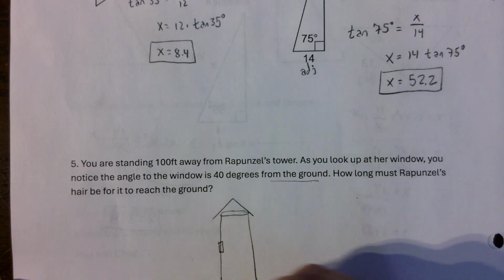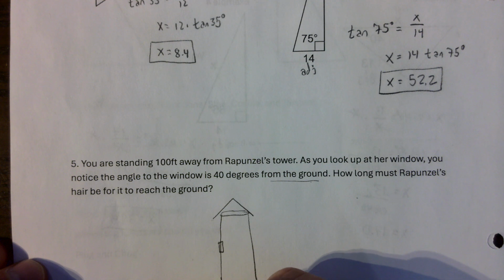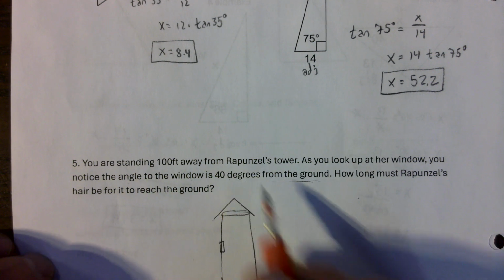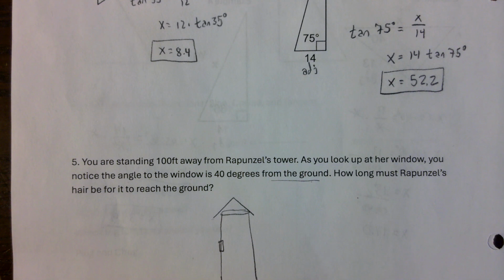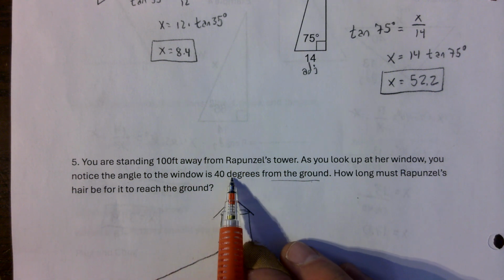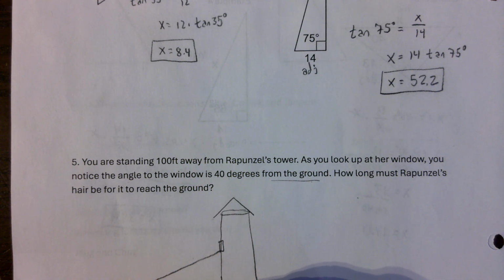Okay, and this distance right here is 100 feet, because it says you're 100 feet away from Rapunzel's tower. As you look up at her window, I'm going to go ahead and draw an angle here, and notice I didn't go from your eyes, but I went from the feet, because it says that the angle is 40 degrees from the ground. So this is your 40 degrees, and that is your 100.